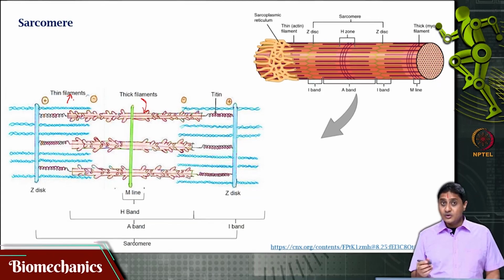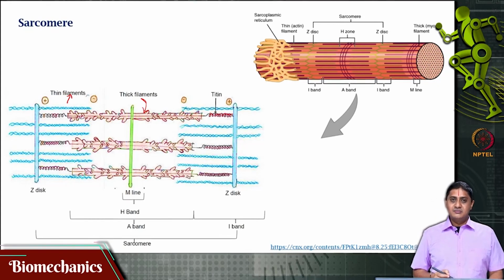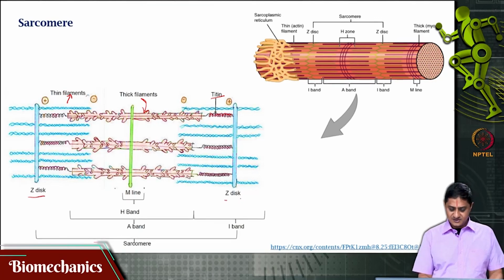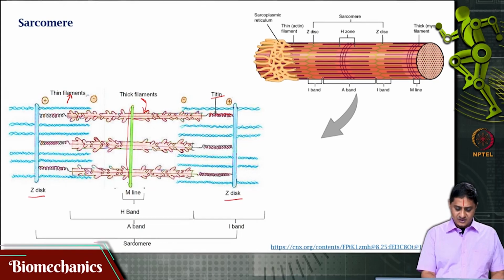Now, you can see that there is a spring-like material, a protein called titin, which is holding the thick filament in space between two Z discs. In the middle of this, you have an M band, and the region where the thick filament starts and ends is called the H band.